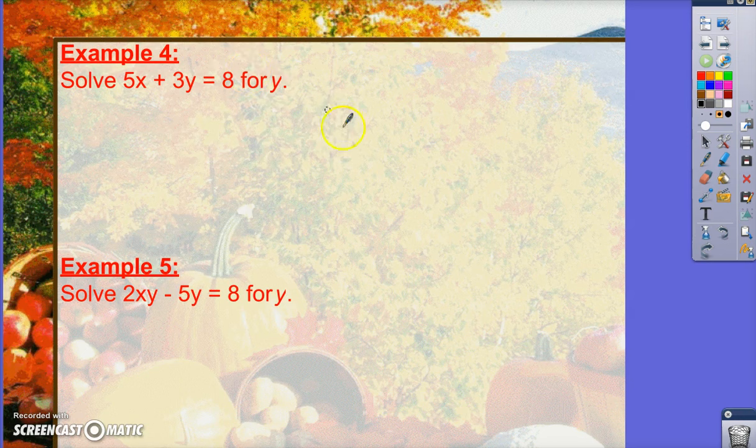So look here, say I wanted to graph this, all right? We need it in y equals. So I have 5x plus 3y equals 8. We're going to solve for y. All right, so let's start by transposing the x over. We want to keep y by itself, right? So 3y equals, and then 5x goes over to the right, it's a negative 5x, plus 8. 8 stays there, so it's just plus 8.